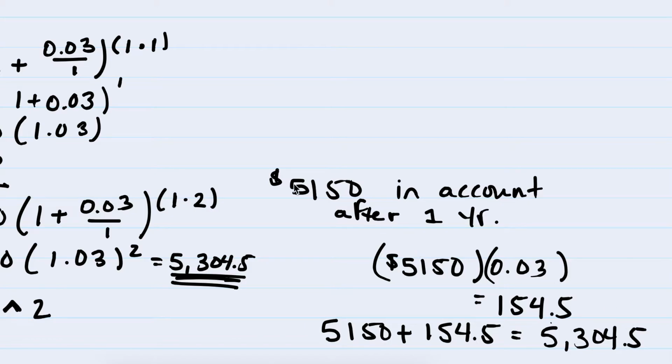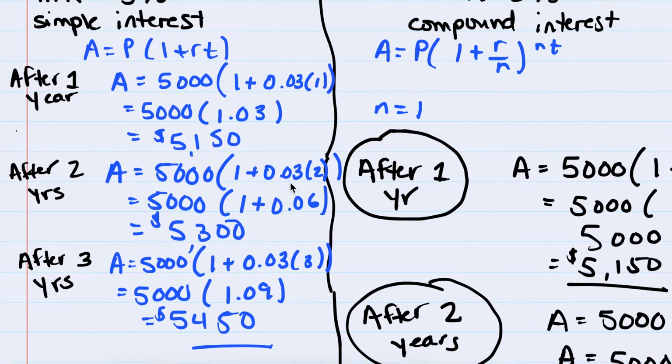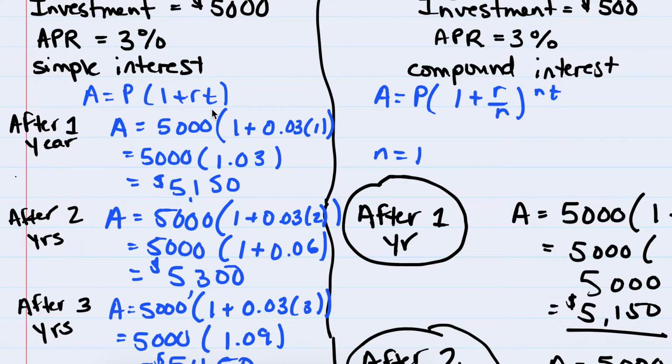So let me just repeat one more time. Here, in this example, we're only getting $150 each year. Even though we have more money in the account, the $150 is only going towards the original investment. So each time we add $150 because we're gaining interest on that original investment.